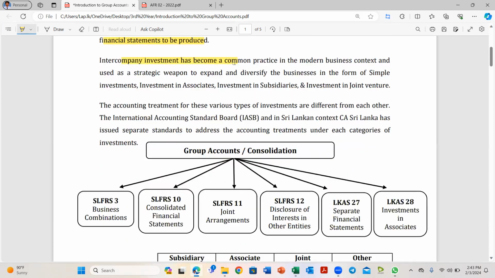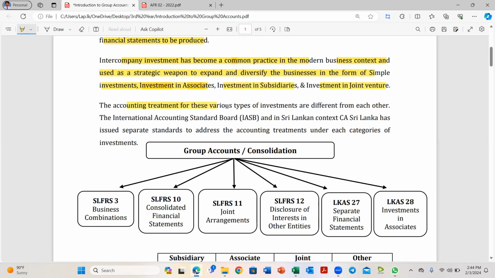Intercompany investments have become a common practice in the modern business context and are used as a strategic weapon to expand and diversify businesses in the form of simple investment. A simple investment deals with SLFRS 9, the financial instruments. The investment in an associate will be governed by LKAS 28. Then there are investments in subsidiaries and investments in joint ventures.